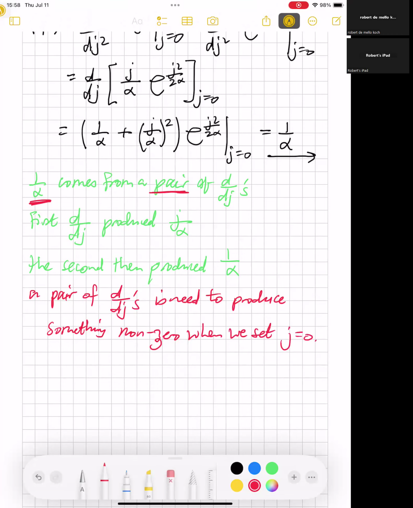See, one derivative is not good enough because it produces a J over alpha, and that vanishes when we set J equal to 0. So we see that we need a pair of derivatives to act to produce this 1 over alpha.